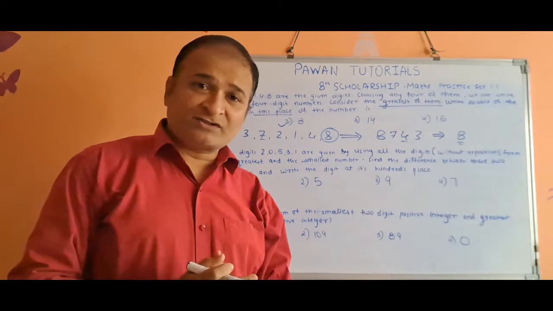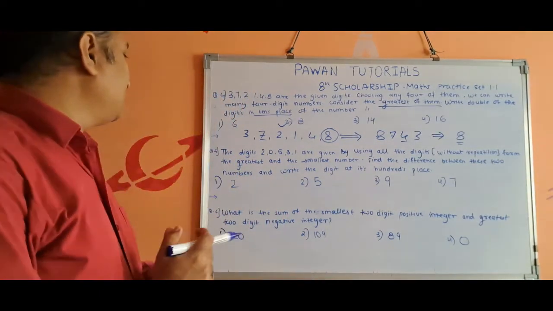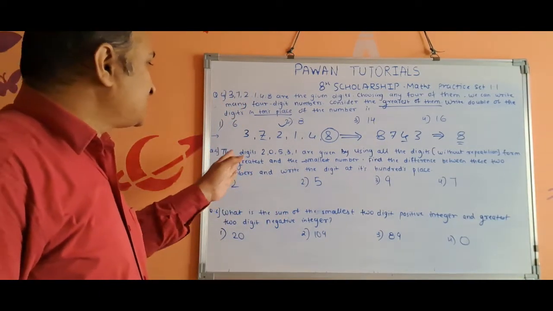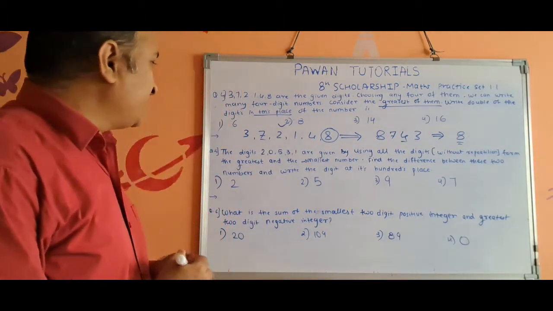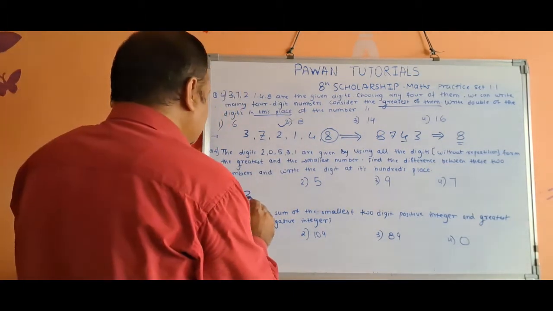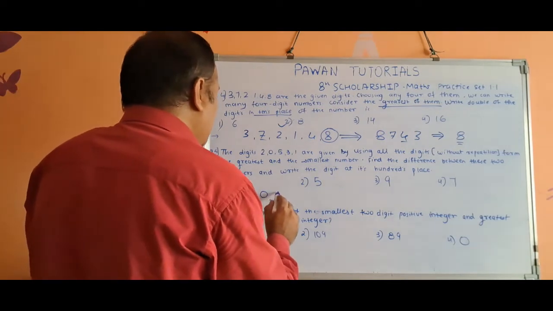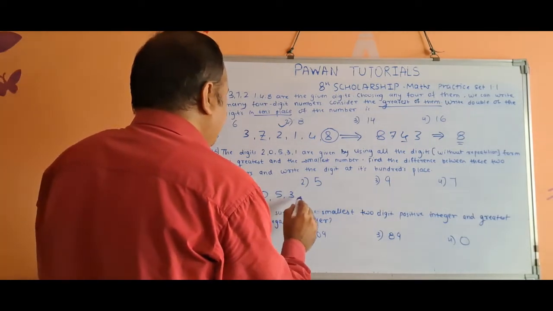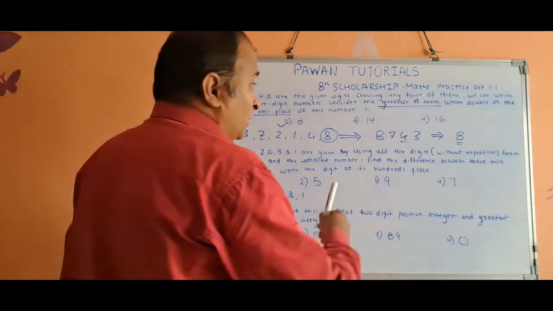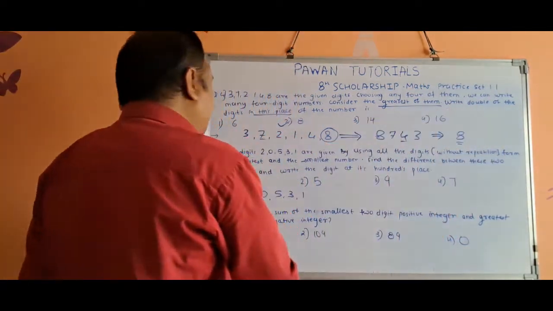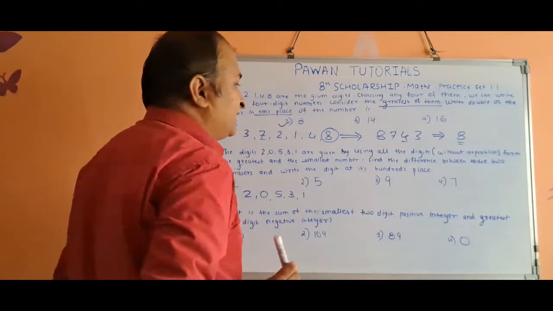Look at the next question, students. Question number 5. The digits 2, 0, 5, 3, 1 are given. Let me write those digits over here. 20531. These are the given digits. By using all the digits without repetition, form the greatest and smallest number.